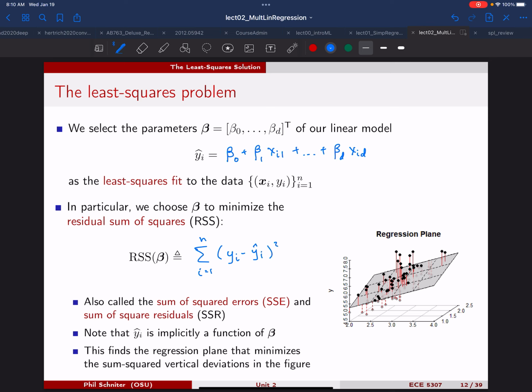So the squared error should be minimal. And this beta dependence comes through yi hat, because as you can see, yi hat is dependent on all the beta terms.